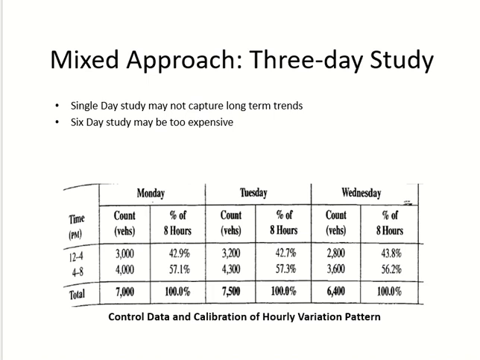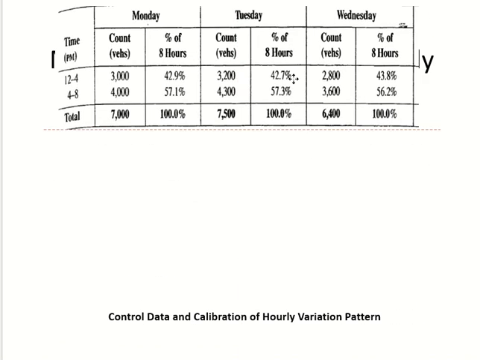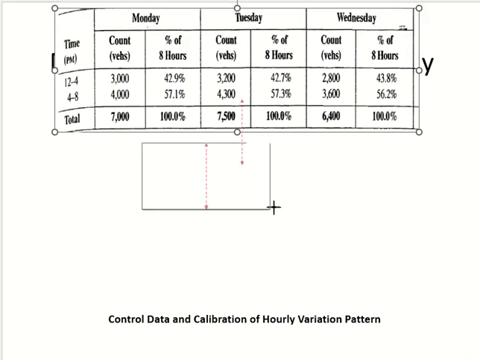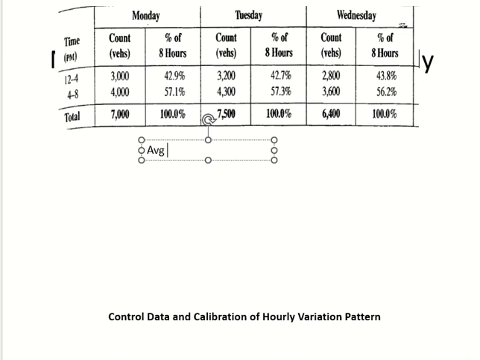Can I calculate an average for the 3 days? Yes, I can, right? What is the average here? 6967.